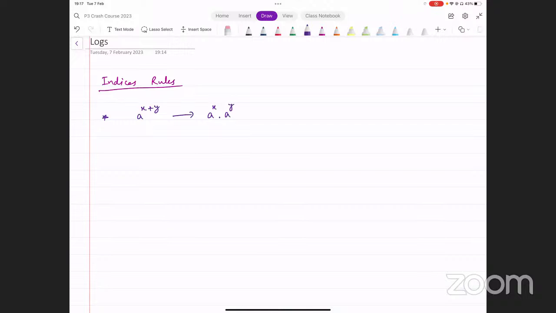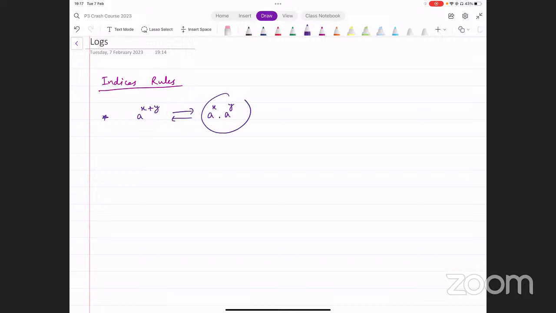Now, you're more used to using this the other way around, where you have the form on the right given, and you want to convert it to the form on the left, right? But this is what you're going to be using a lot more commonly in this topic, going the other way around. If you have something in this form, a raised to power x plus y, you can break it down into two parts like this.